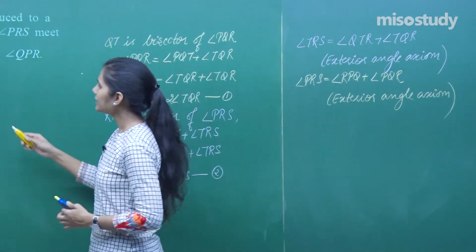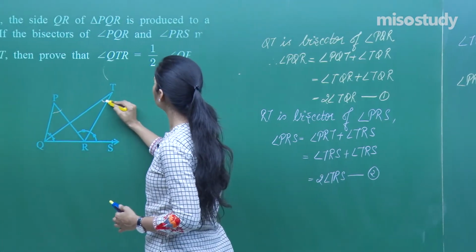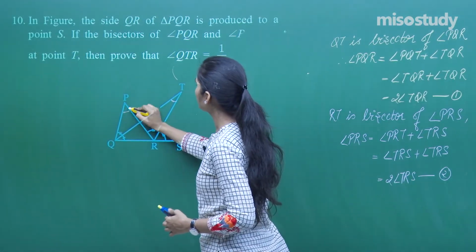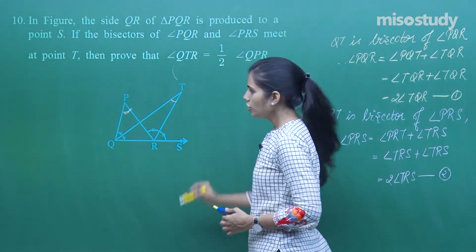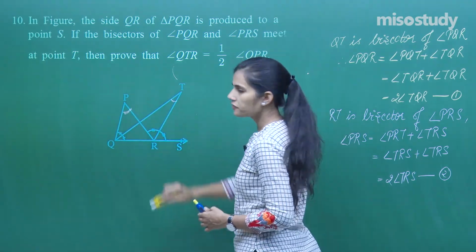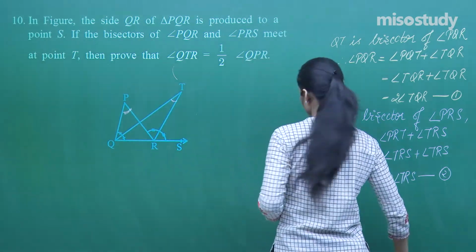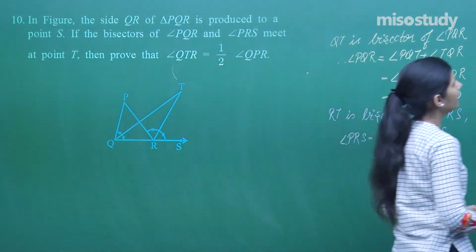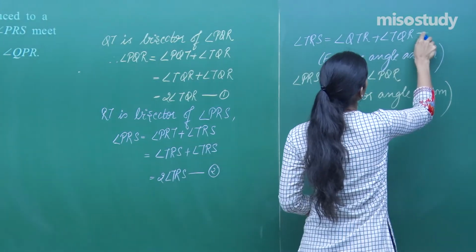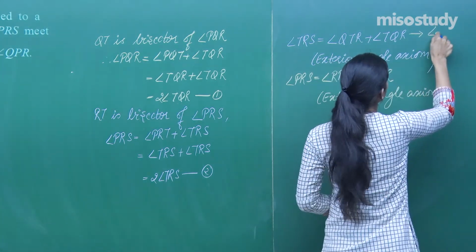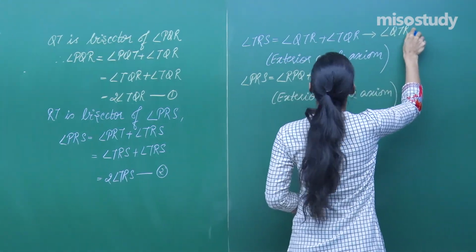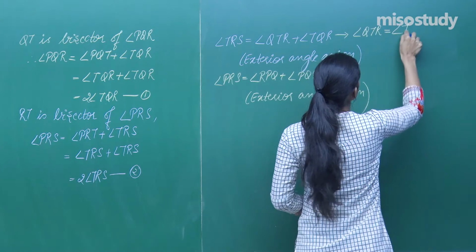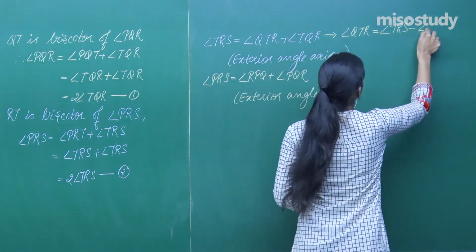You have to show angle QTR, this angle, is half of angle QPR, this angle. How do you plan to show this? Now over here see, if you find out angle QTR, this is equal to angle TRS minus angle TQR.